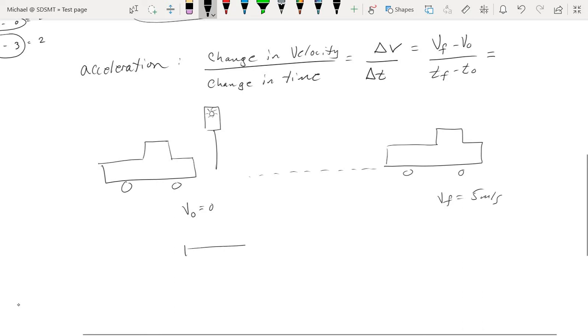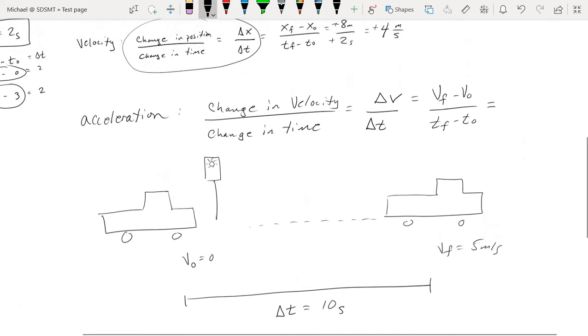And we have a friend with a stopwatch that is timing us. And it turns out that it takes about 10 seconds.